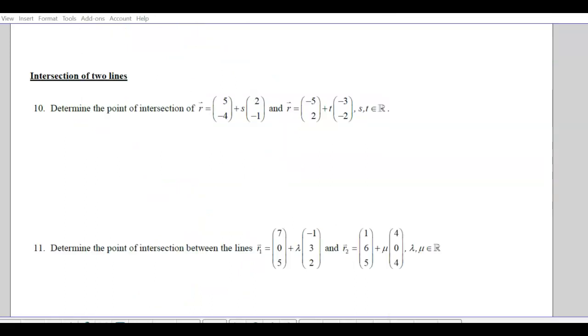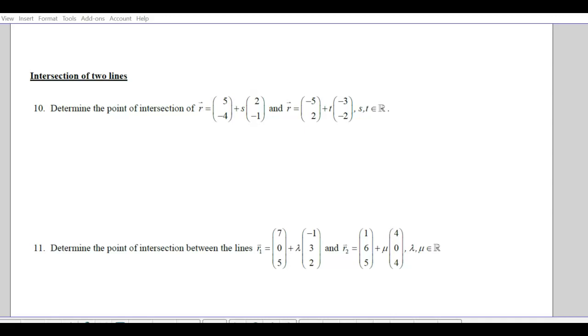Okay, intersection of two lines. So we want to determine the point of intersection. In 2 dimensions, if they're not parallel, there will be a point of intersection. Remember, back to Math 10, the x value and the y value at the point of intersection will satisfy both equations.